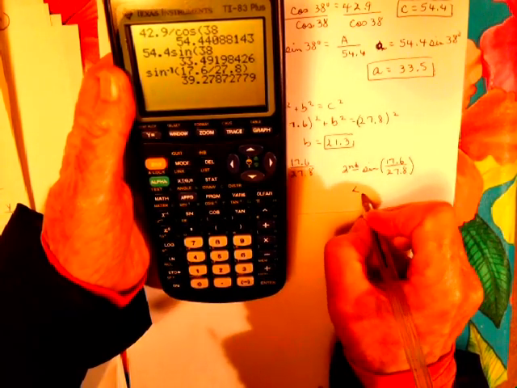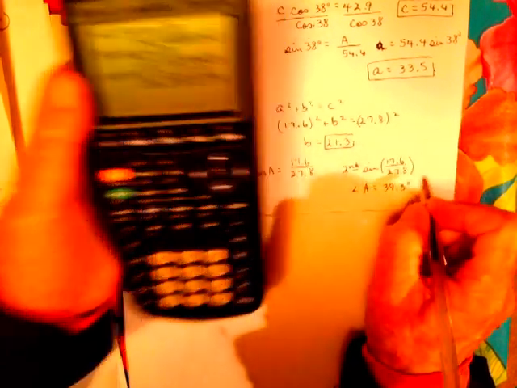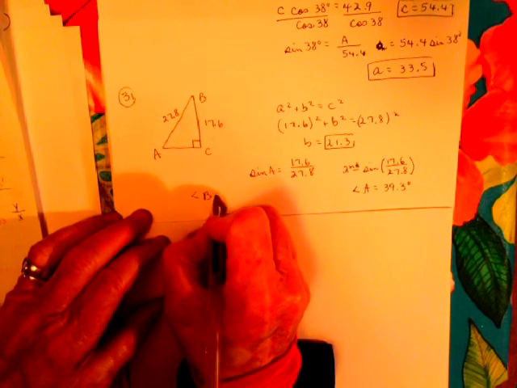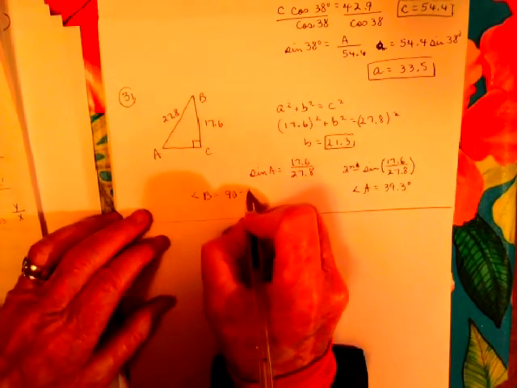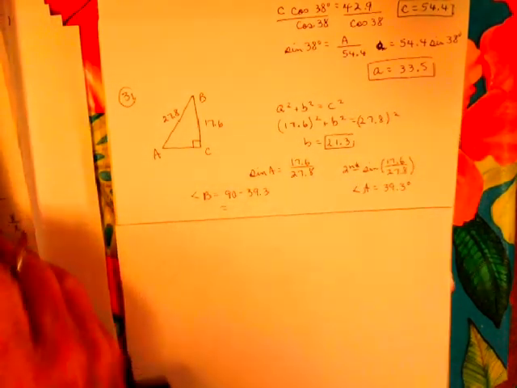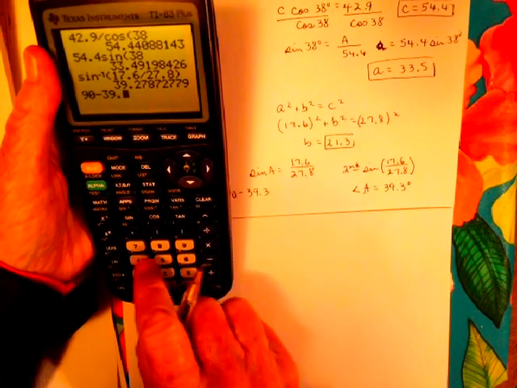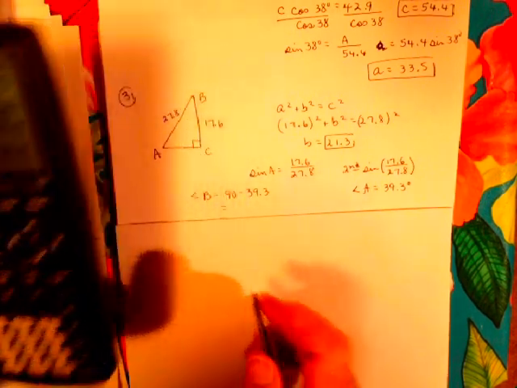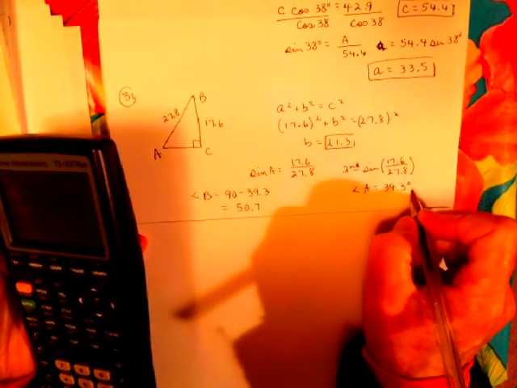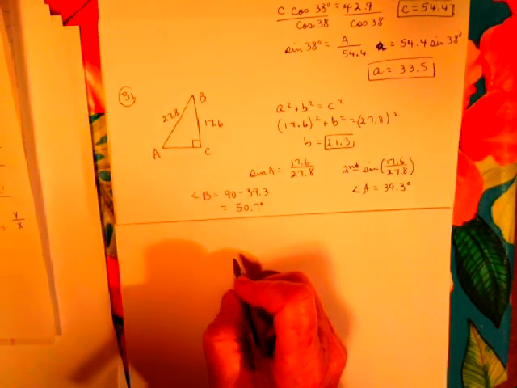Angle A equals 39.3 degrees. Angle B equals 90 minus 39.3 degrees, which is 50.7. I've now solved that triangle.